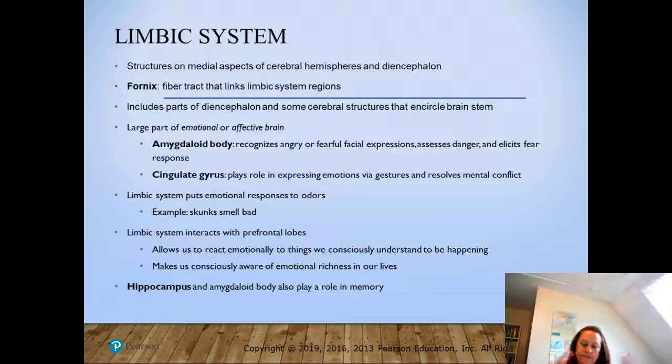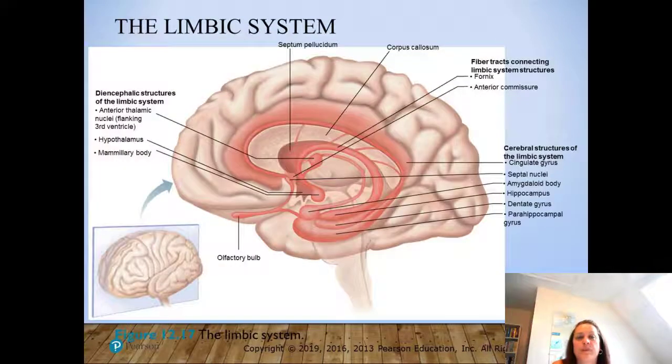Talking about those non-qualifiers, right? What is a fearful facial expression, that kind of thing, sort of assessing a situation from an emotional standpoint. So you can see here all of the different structures that make up what's called the limbic system. The different nuclei, the different regions, right?